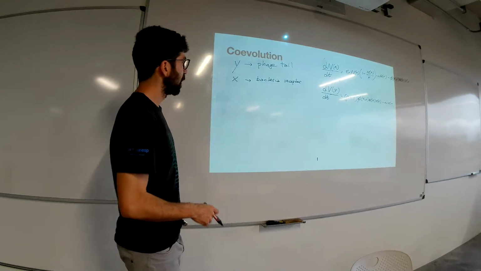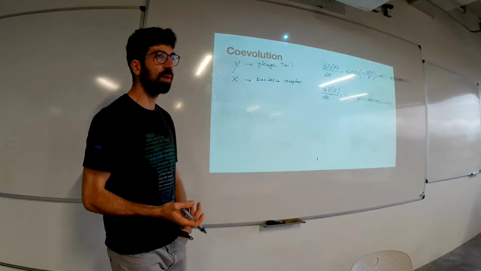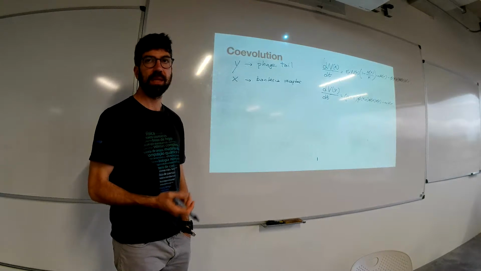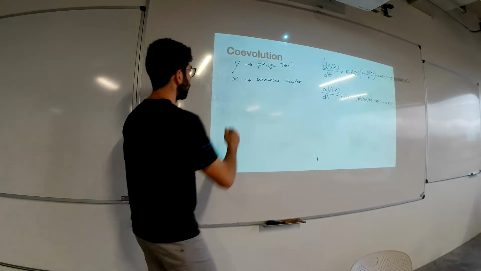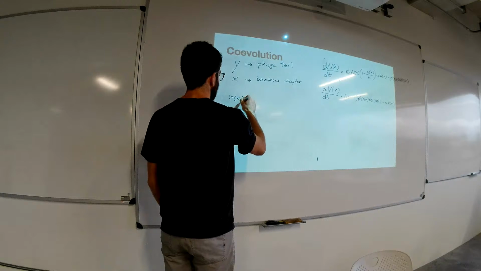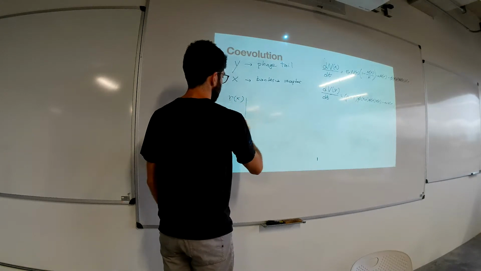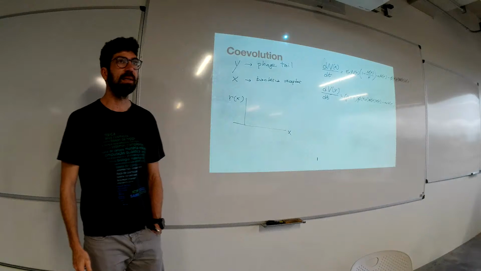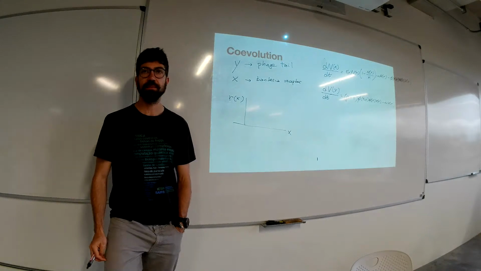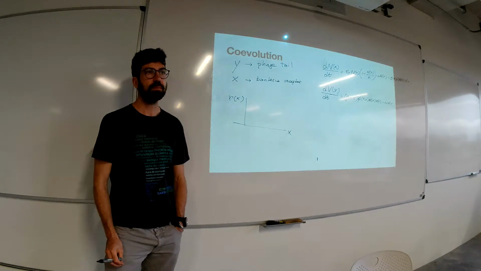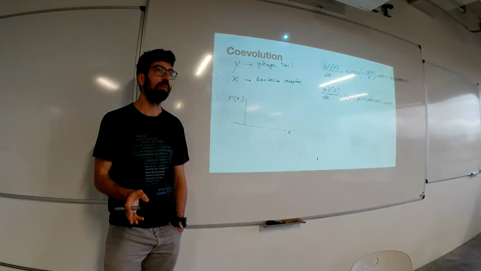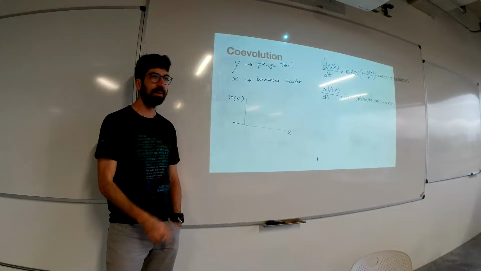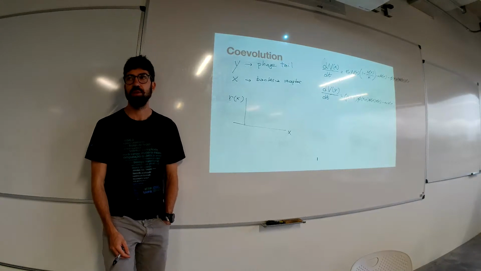Good. So now, how do these quantities depend on x and y? So let's start with r of x. How do you think this growth rate will depend on x? I mean, we don't know, but let's try to get something interesting here.